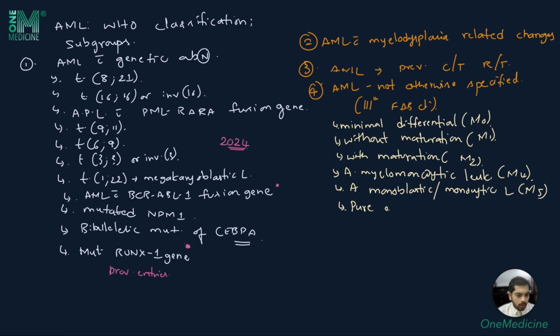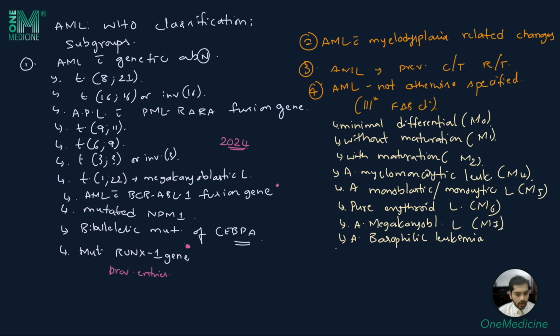Pure erythroid leukemia, which is similar to M6. Acute megakaryoblast leukemia, which is similar to M7. Acute basophilic leukemia, and acute panmyelosis with fibrosis. Next subcategory is myeloid sarcoma.